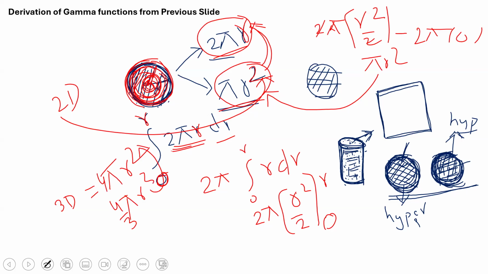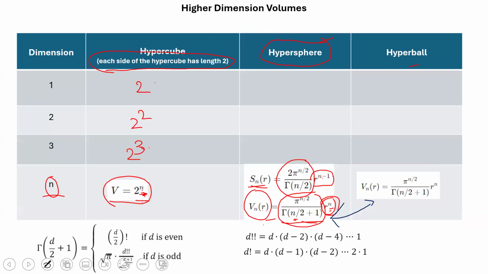Look at this, n minus 1. The same comes here, r to the power of n minus 1. These constants are derived.